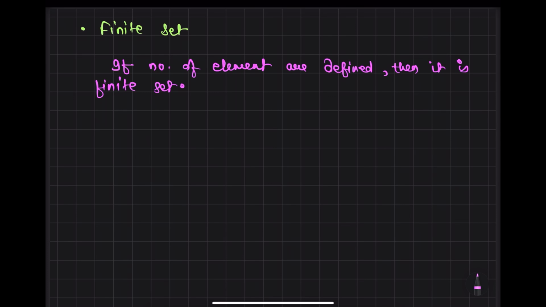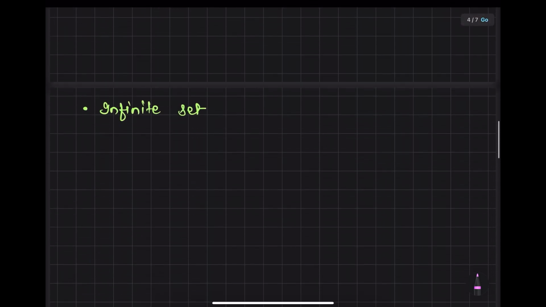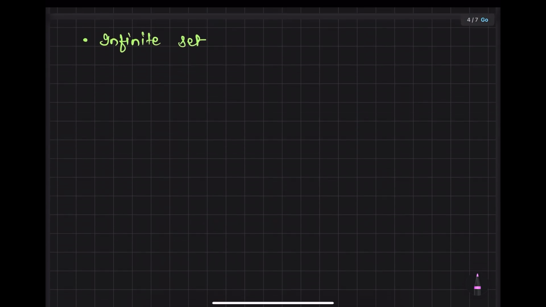So if you can count the number of elements in a set, it is finite set. And if you are not able to count, it is infinite. Like set of natural numbers, set of even numbers, set of prime numbers, set of multiples of 17, you know it is infinite, right?